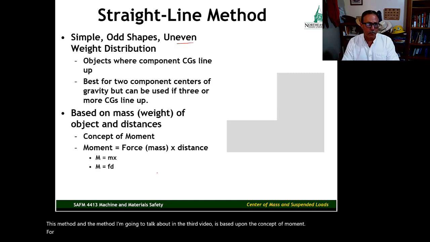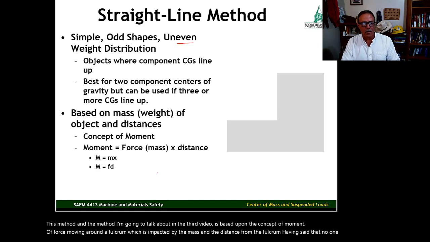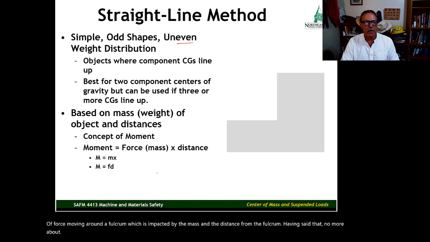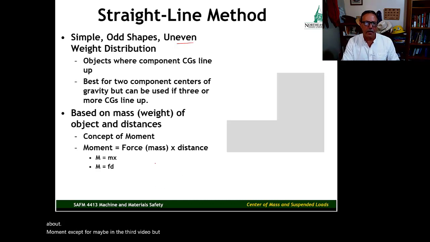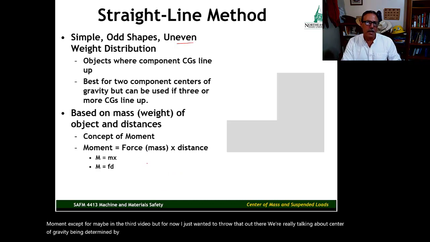Force moving around a fulcrum, which is impacted by the mass and the distance from the fulcrum. Having said that, no more about moment, except for maybe in the third video. But for now, I just wanted to throw that out there. We're really talking about center of gravity being determined by mass of the object and distances from a point within that particular object.